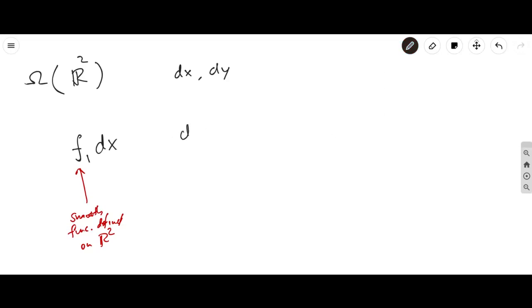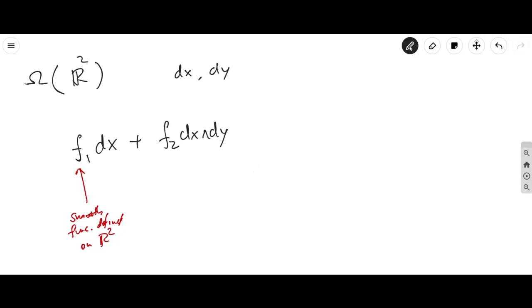Then you can have maybe dx wedge dy plus like f2. So you can multiply these together, and you can have another smooth function as a coefficient. The distinction here is in the polynomial algebra, these are real numbers, whereas in the form algebra, the differential form algebra, these are smooth functions.